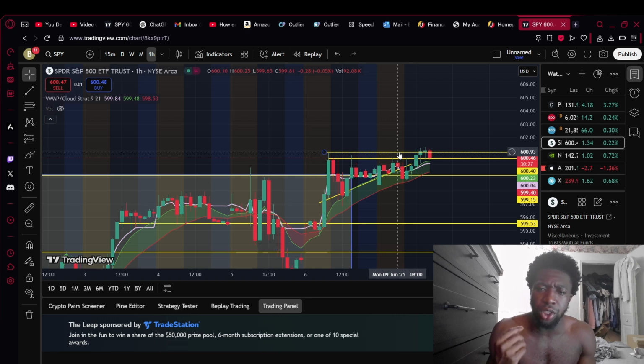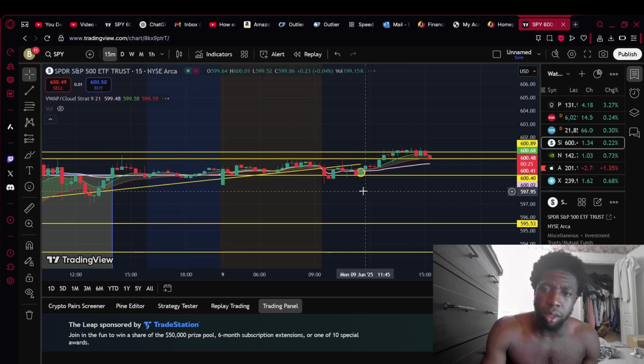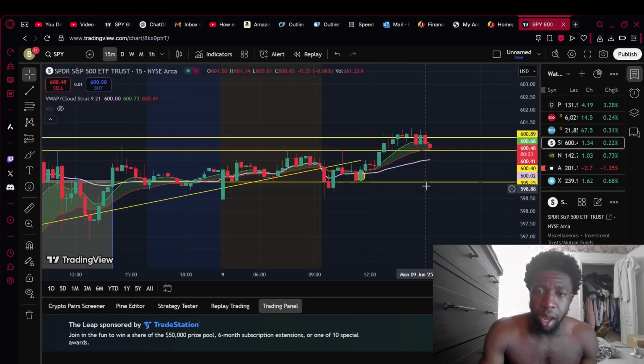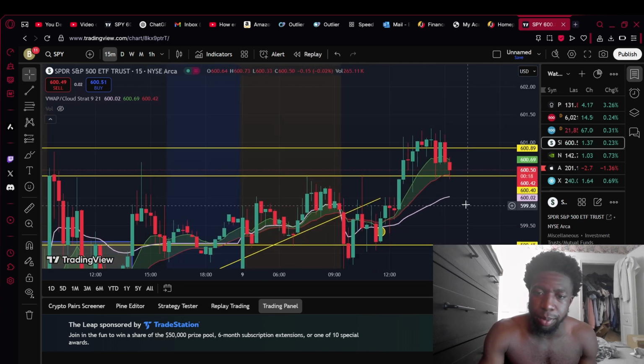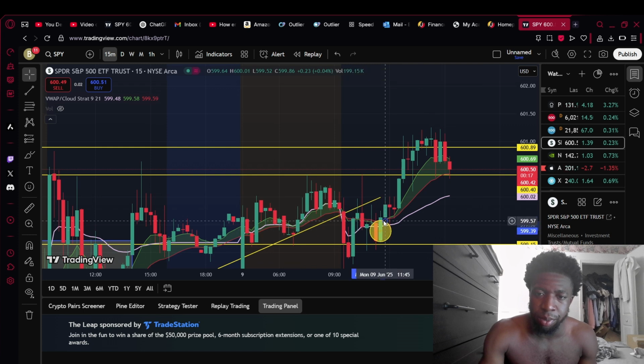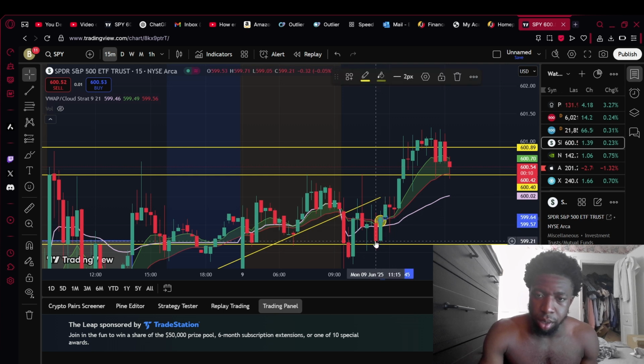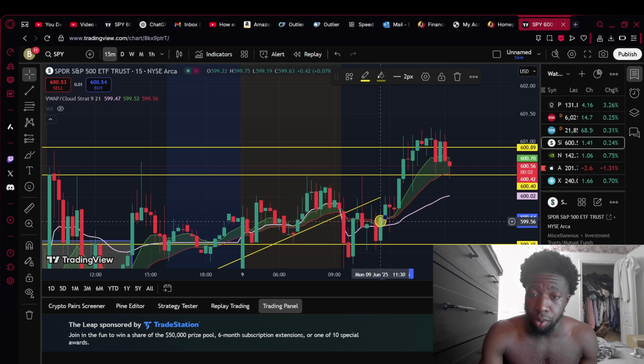I think I should look for an example. One example I had earlier today. Unfortunately, I was at the gym, so I could not take this myself, but one example I saw today was when there is an engulfing candle here, and it managed to hold the VWAP and hold the EMA cloud.